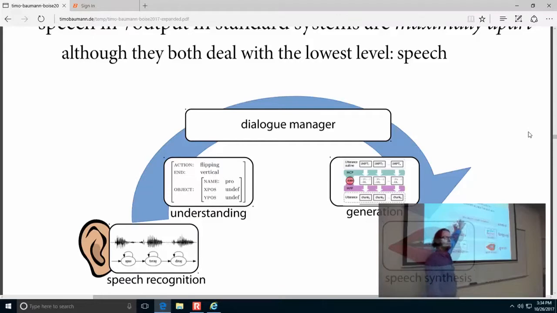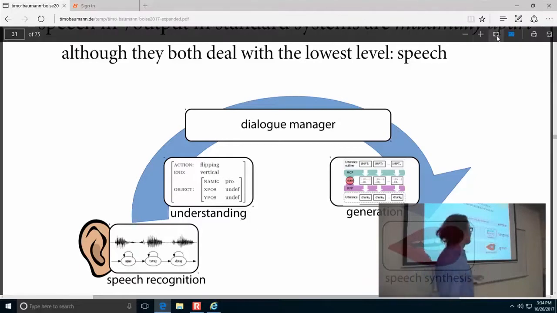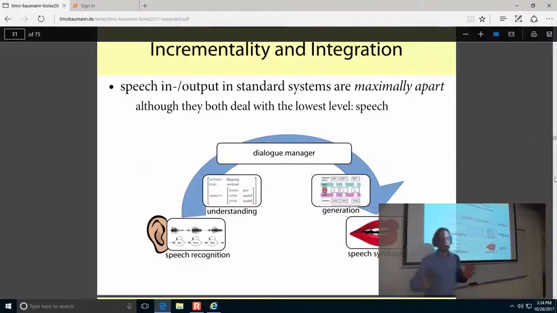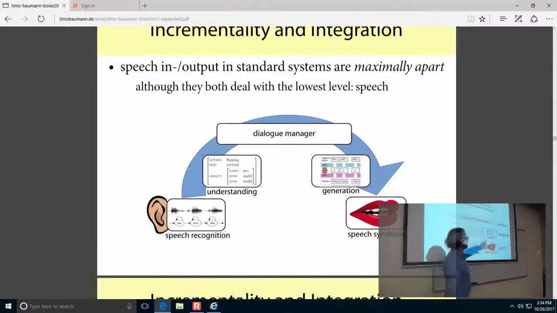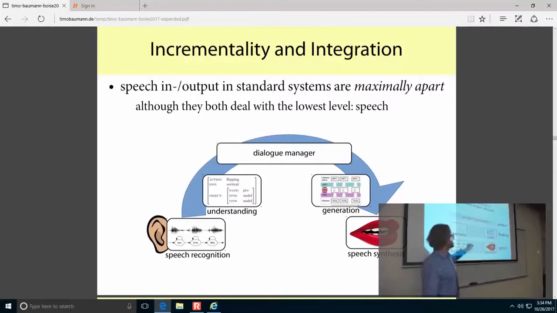Content already is usually one thing, but language understanding and generation usually are two different things as well. And speech recognition and synthesis are also radically different modules, and for good reasons, but the idea is to bring them together to deal with speech, and likewise to deal with language here.